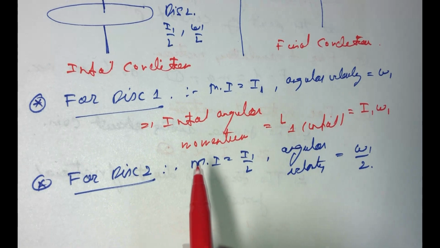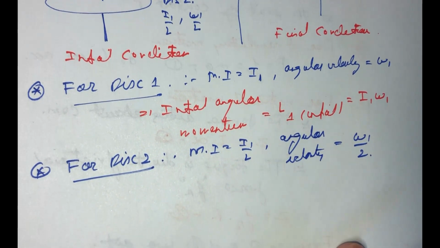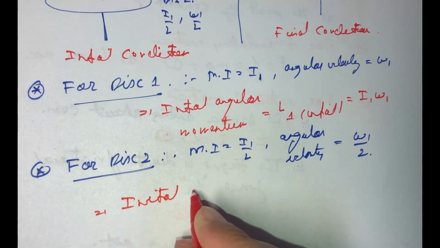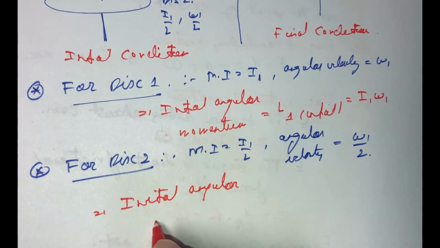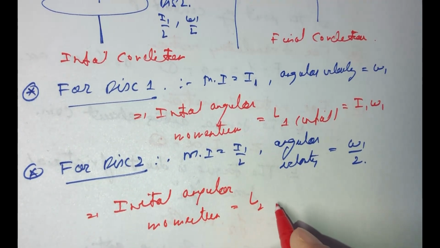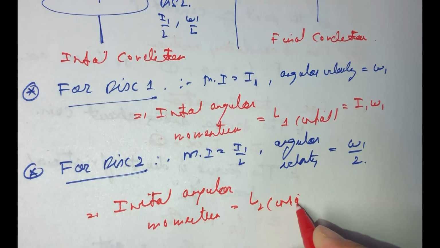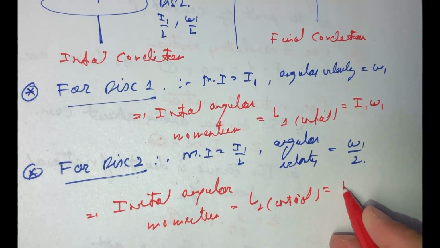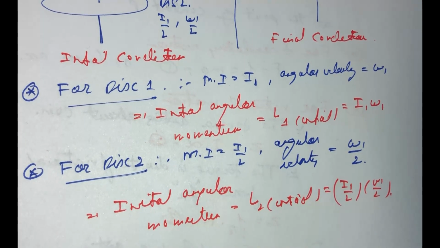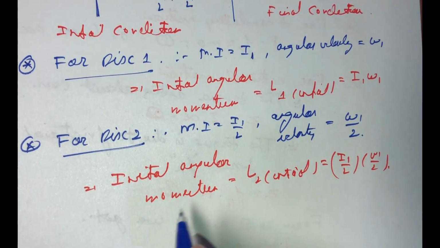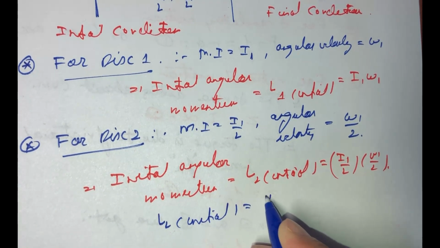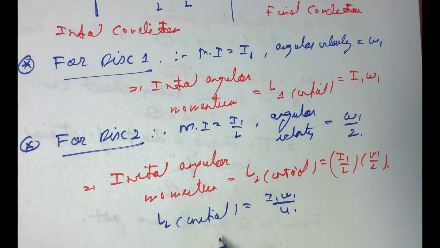Therefore we can say the initial angular momentum for disk 2, let us call this L2 initial, will be equal to I1 by 2 multiplied by omega 1 by 2. So L2 initial will be equal to I1 omega 1 divided by 4.